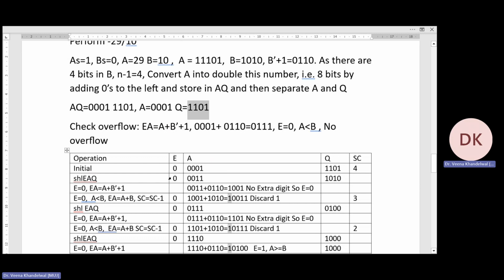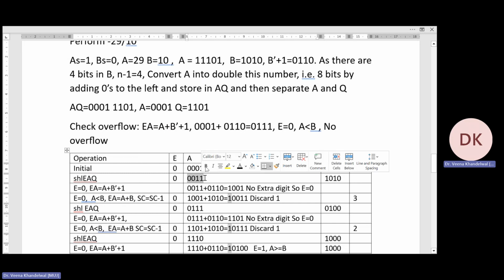Now since here we get E is equal to 0, after shifting, whether E is equal to 0 or 1, we first perform EA is equal to A plus B complement plus 1. So what is our A? This is our present A. And what is B complement plus 1? This is 0110. So I add these two numbers. Since no extra digit is encountered, E is equal to 0.